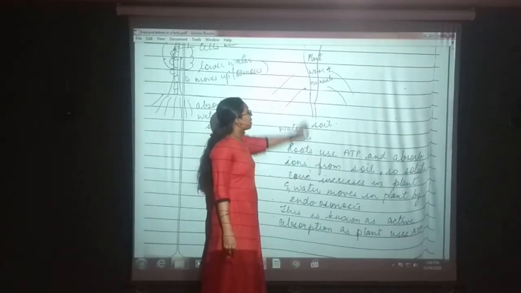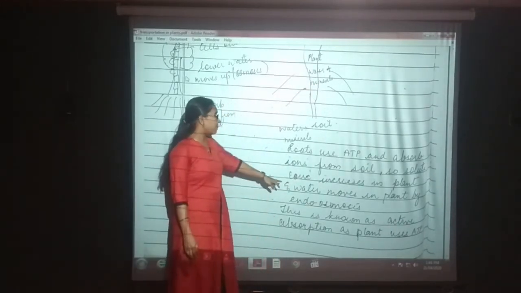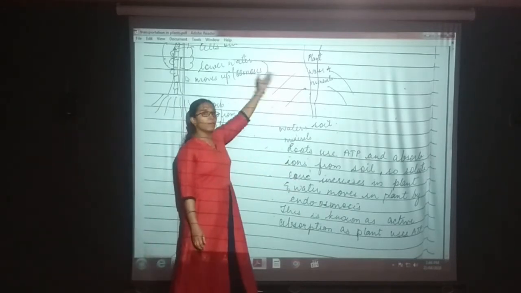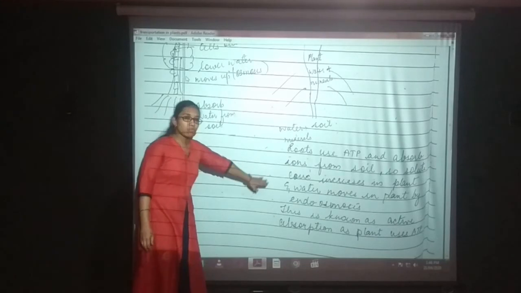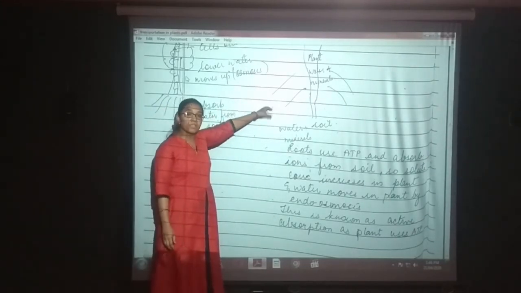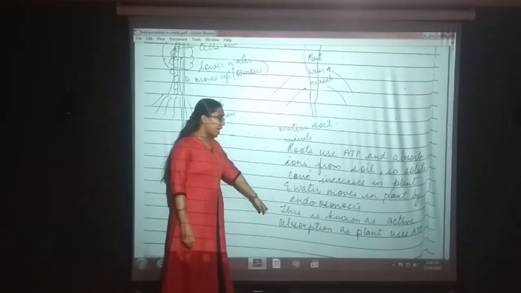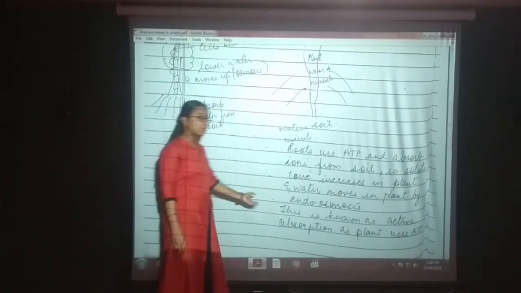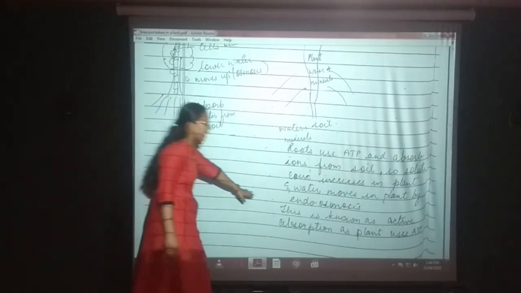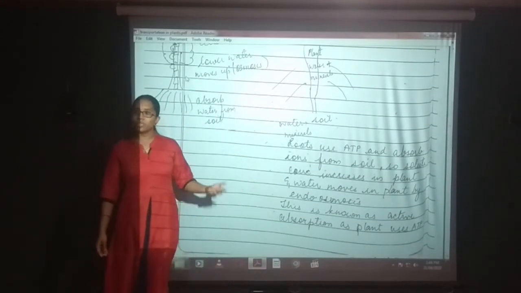So the concentration of solute inside the plant increases, and the water moves into the plant from downside. This process is known as endosmosis because the concentration of water inside the plant is low and the concentration outside is high. This is known as active absorption, as the plant uses ATP. As they are using the ATP, this process is known as the active absorption process.